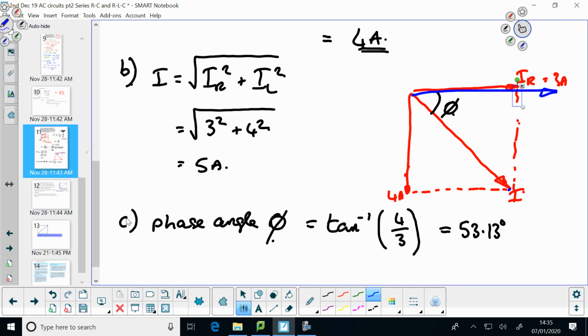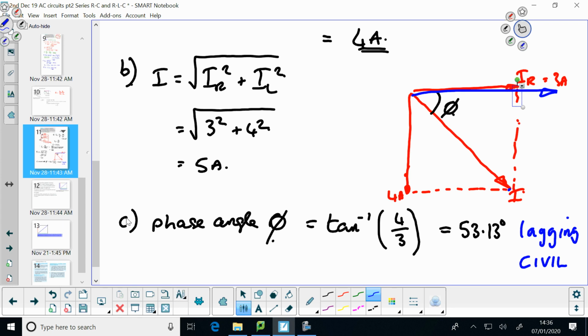When we're talking about anti-clockwise direction of movement, the voltage is ahead of the current, or the current is lagging. Is that correct for an inductive circuit? Inductive circuit, voltage comes before current.